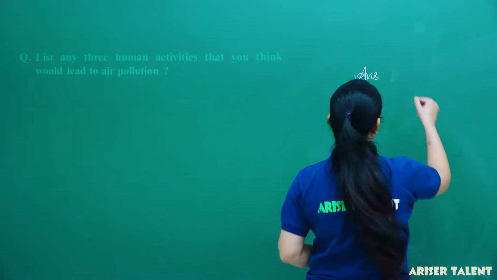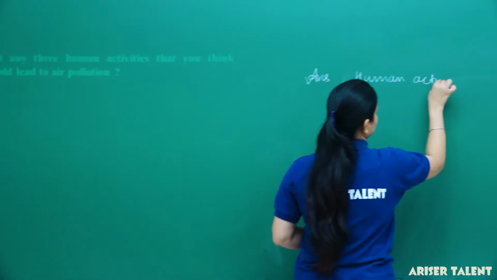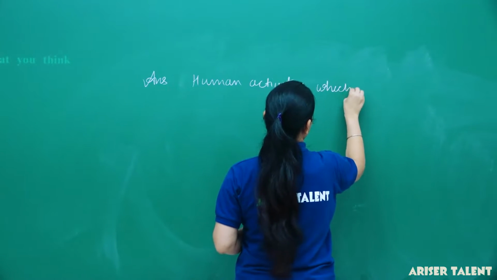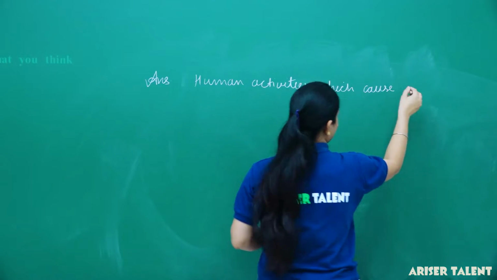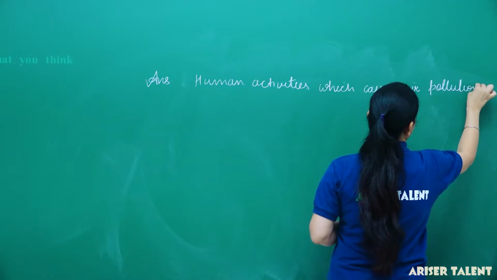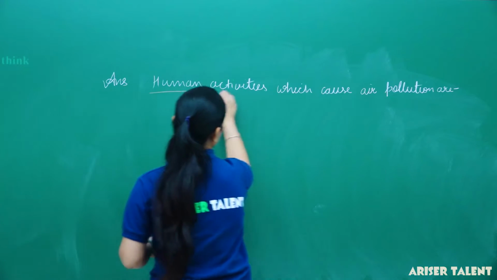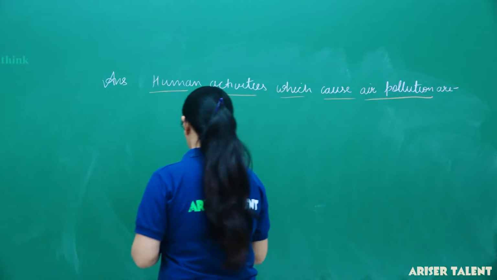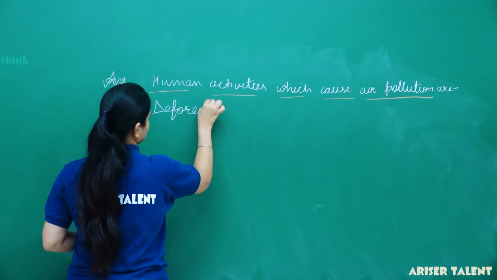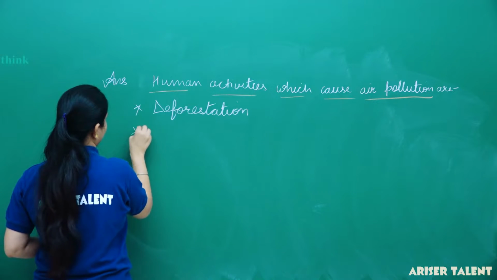So here we go. Human activities which cause air pollution are: number 1, deforestation. Deforestation means cutting down of trees on a large scale.